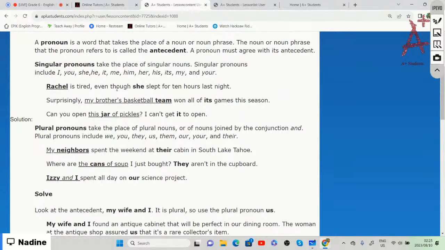So that is the singular pronoun, right? For example, Rachel is tired even though she slept for 10 hours last night. So Rachel is the antecedent, and the pronoun that agrees with its antecedent is "she." Because instead of mentioning Rachel's name again, we can say "she."